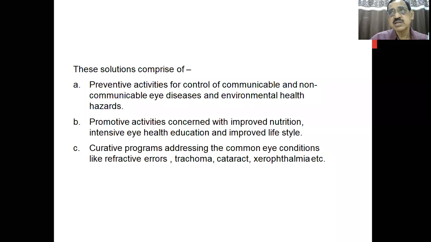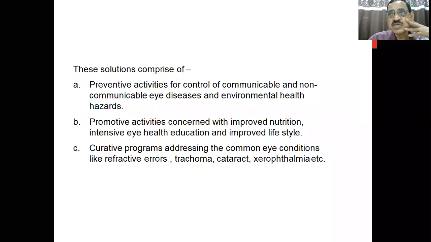Okay, and next, cataract. The major chunk of blindness in India is because of cataract. There are about 16 to 20 million people who are bilaterally blind with cataract, which could be evaded if they are operated. Okay, xerophthalmia.